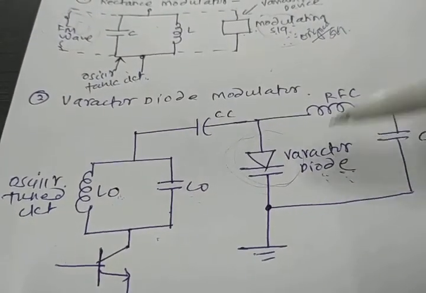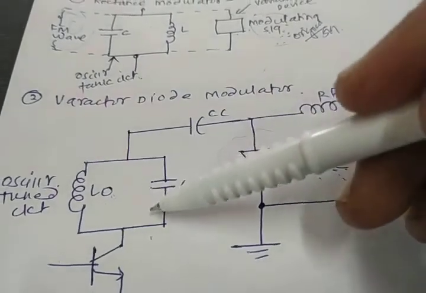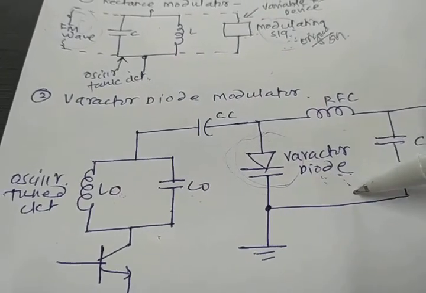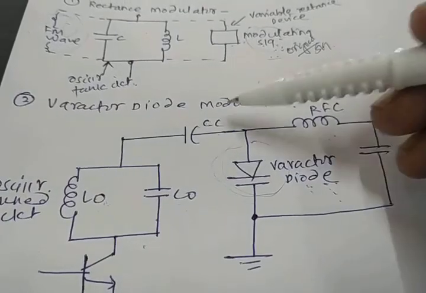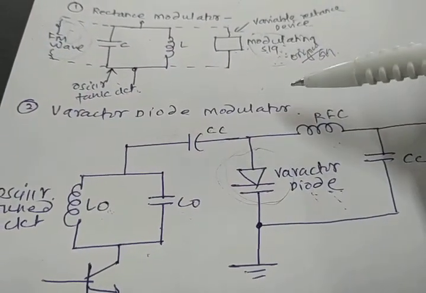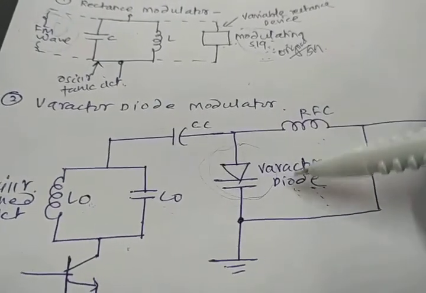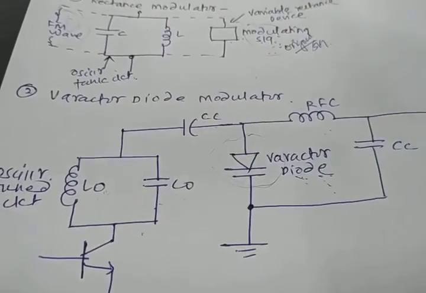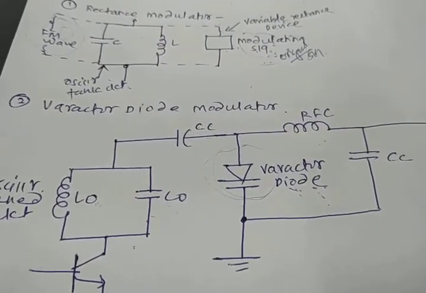Whenever the varactor diode generates the signal, this circuit tunes the proper signal that comes across to the varactor diode, by using some RFC coil and the coupling capacitor. CC stands for coupling capacitor. With respect to these two, the voltage across the varactor diode is properly tuned by this tune circuit, and we can generate the frequency modulated signal.